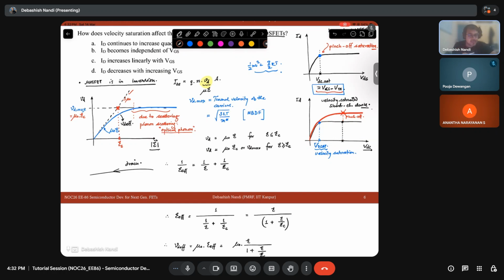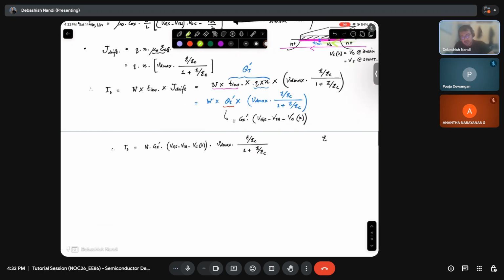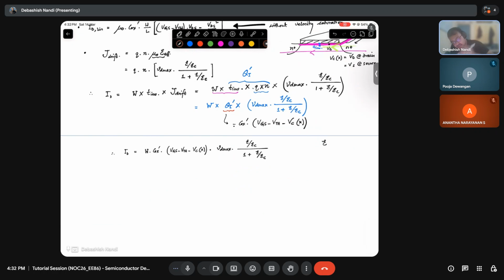So it is the electric field of this direction. So that is nothing but minus dVc by dx.